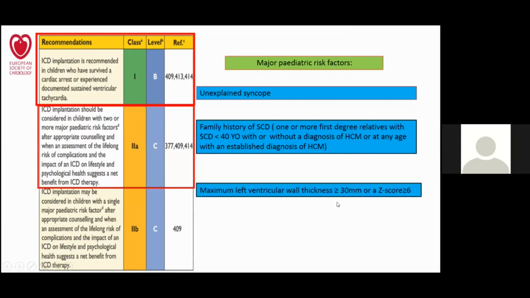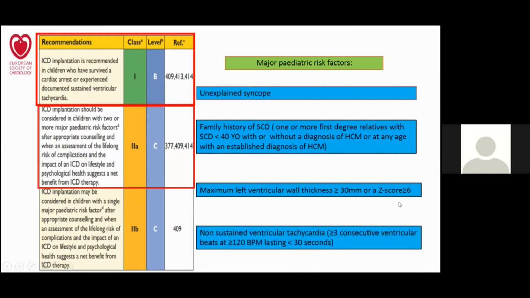Maximum LV wall thickness defined by a value higher or equal to 30 millimeters, or a Z-score higher or equal to 6. And non-sustained ventricular tachycardia with more than 3 consecutive ventricular beats at a frequency of higher than 120, lasting less than 30 seconds.